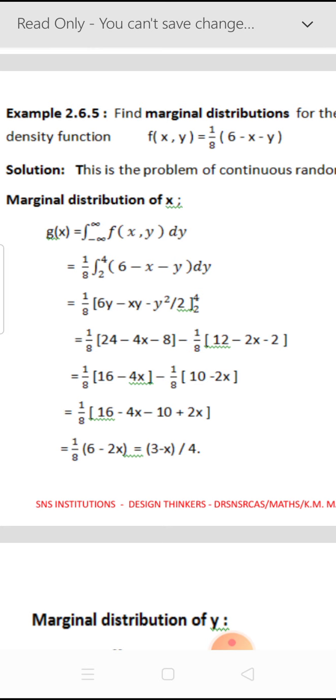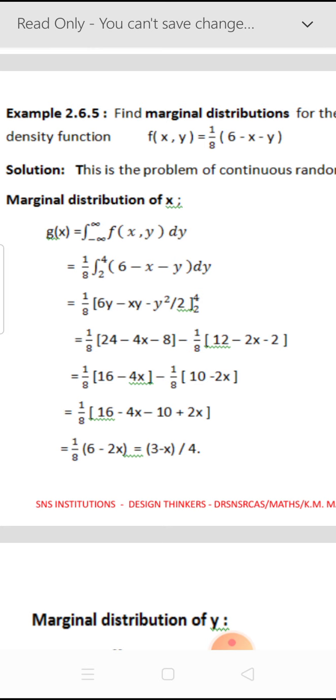Applying the upper limit and lower limit, we get the answer. By applying the upper limit 4 in the place of y, we will get 6 into 4, 24, minus x into 4, 4x, minus 4 square by 2, that is 16 by 2, 8, minus 1 by 8 into, in the place of y you substitute 2.